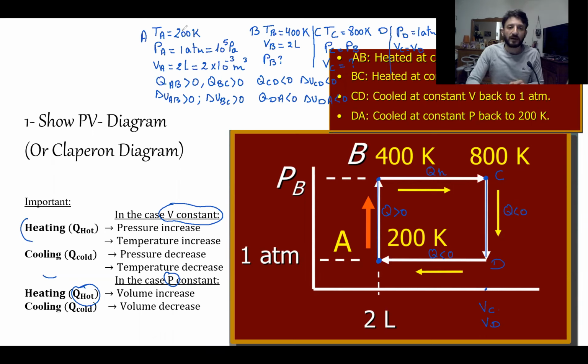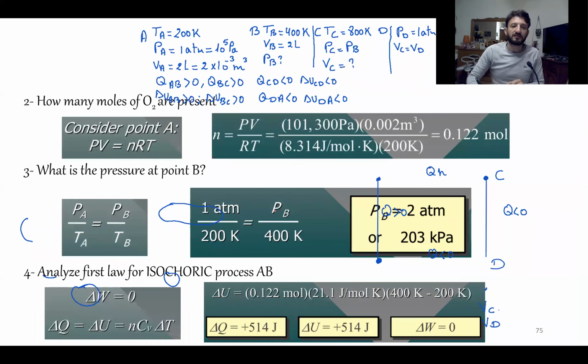Okay, we go to the second question. Here, first of all, how many moles of oxygen are present? We have to calculate N. You know here, quickly, N is constant at any point.